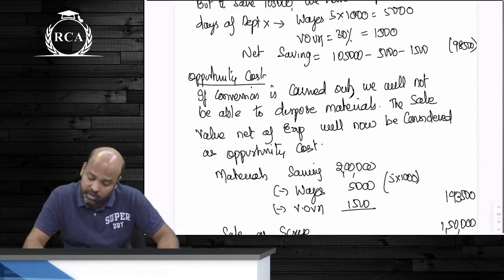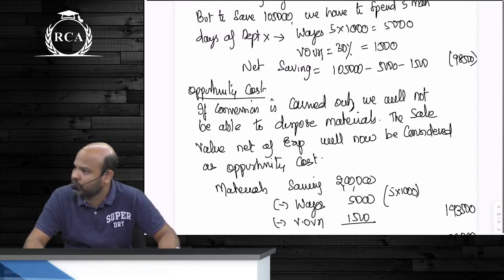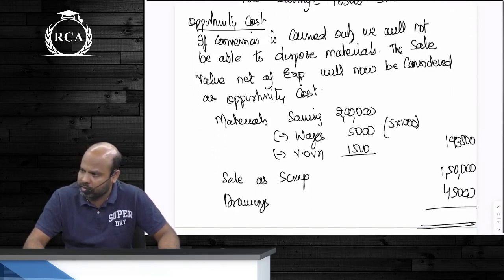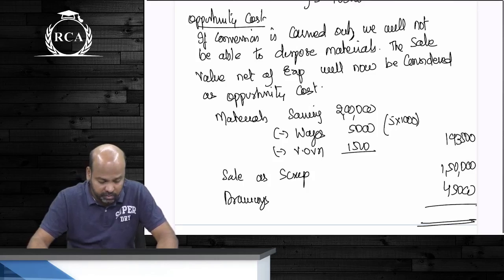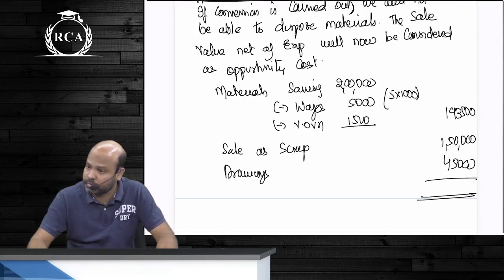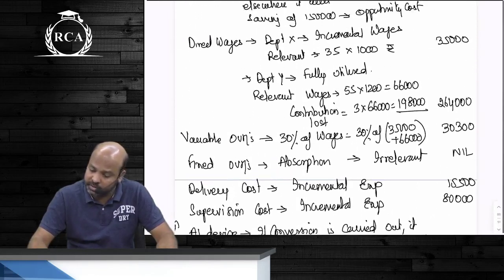Is that 14 lakhs? That is negative 98,500, right? All of you please check the values, guys. Did you take the 35,000 of wages?